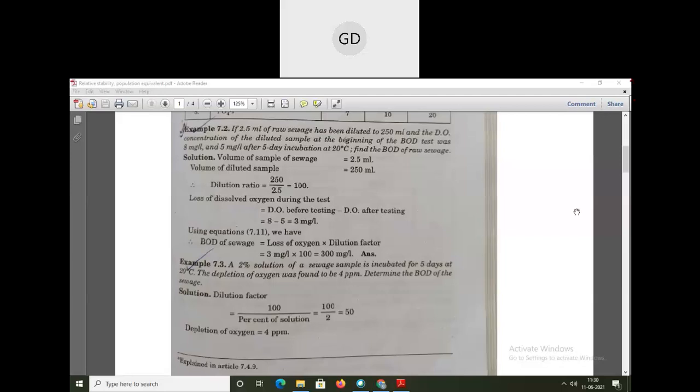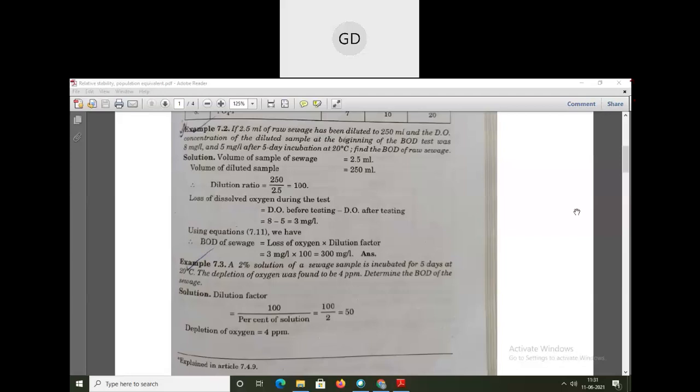So if it is 3%, you write 100 by 3, or if it is 4%, then 100 by 4. Here it is given as 2%, so it will be 100 by 2. So you are getting 50. So the dilution factor is 50.